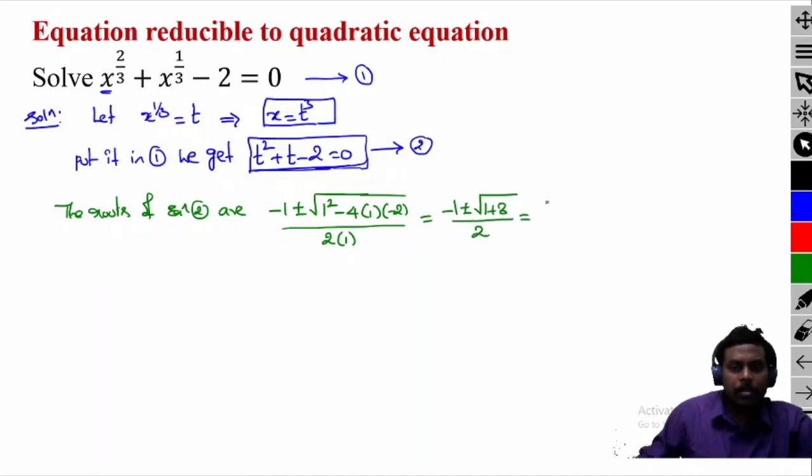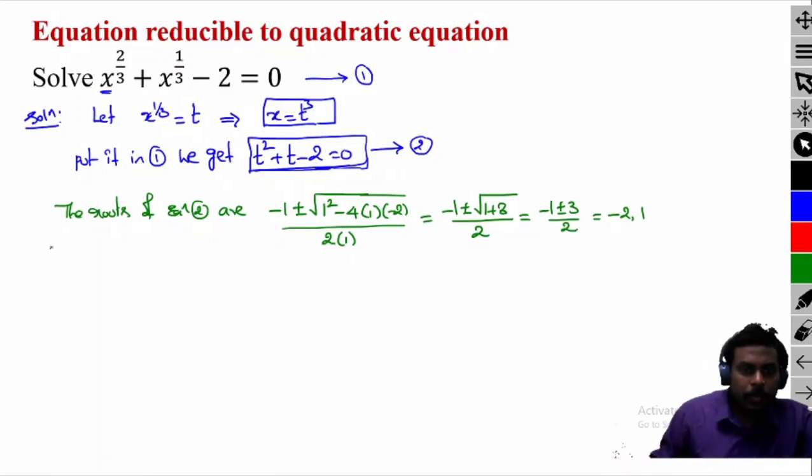So this is minus 1 plus or minus 3 divided by 2. If you do that, you are going to get these two roots, minus 2 comma 1.